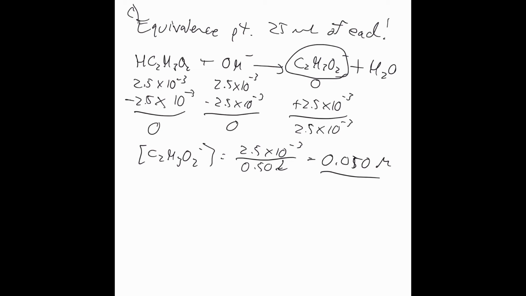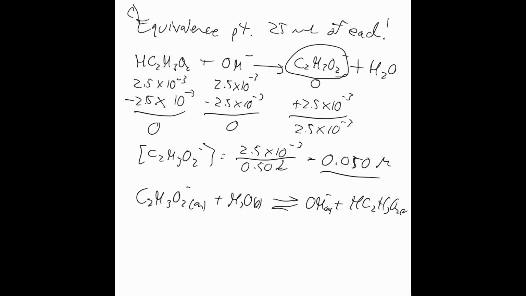Now, how do we figure out the pH? Well, we have C2H3O2 minus. We also have water. That's in equilibrium, and we're going to generate OH minus and acetic acid. These are both aqueous. And now here we have a KB problem, and so we just generate an ICE table, right?